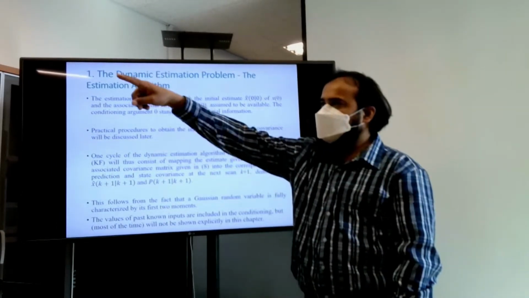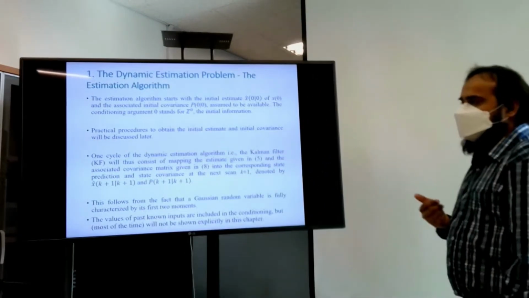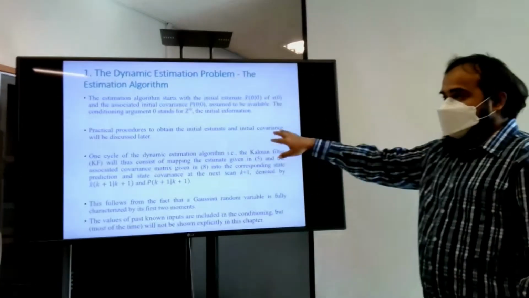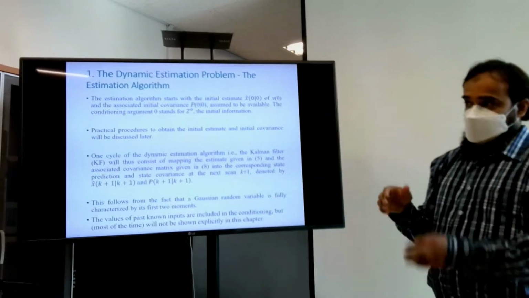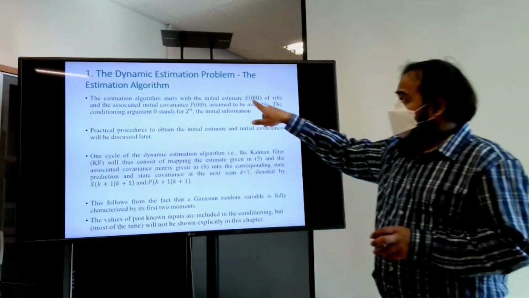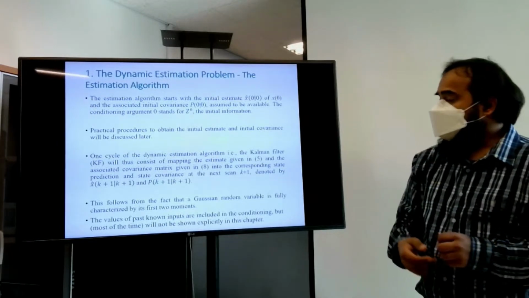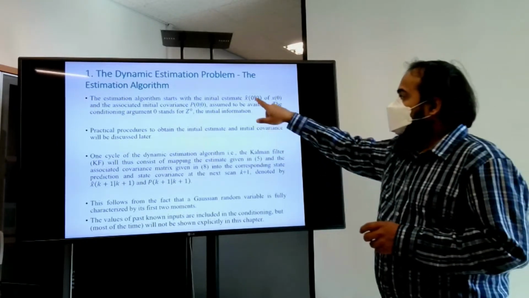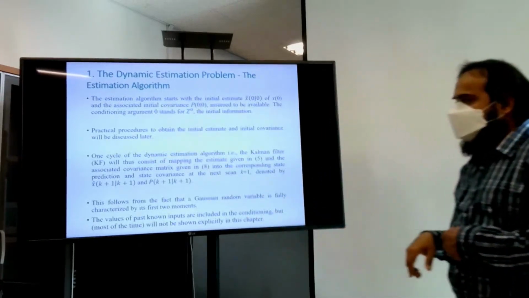This is called the practical procedure to obtain the initial estimate and the initial covariance. How we apply the two-point distance initialization of the filter value, or one-point initialization, will be discussed in a later chapter.